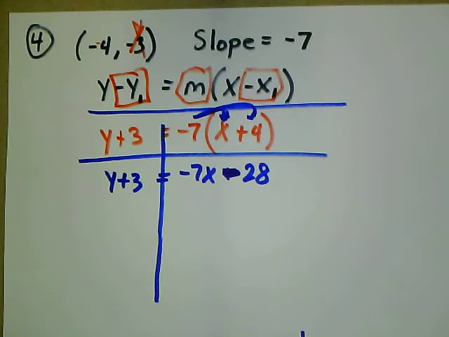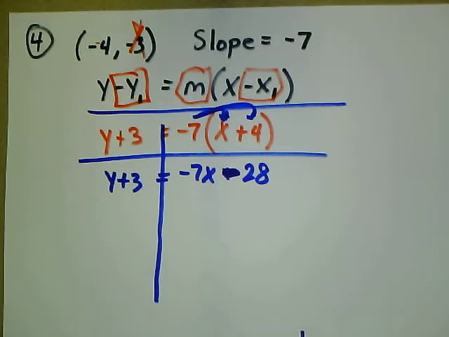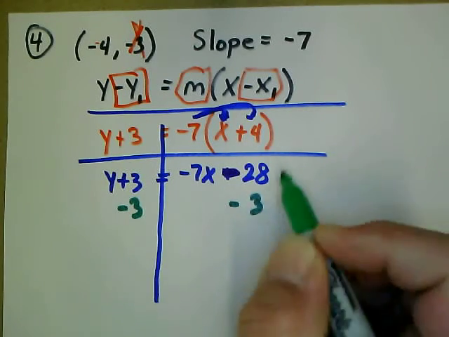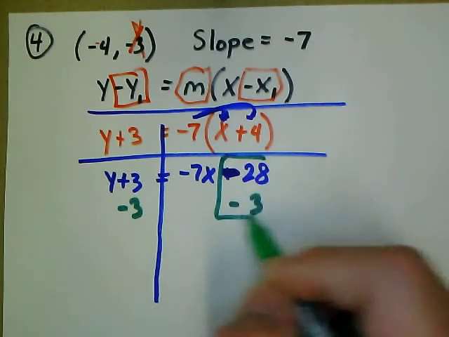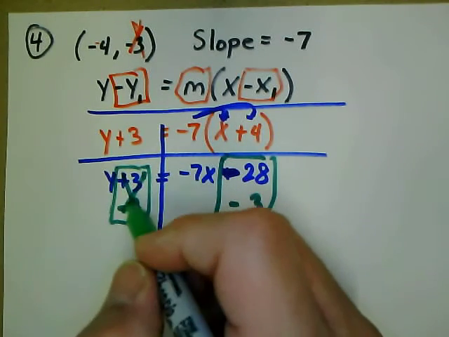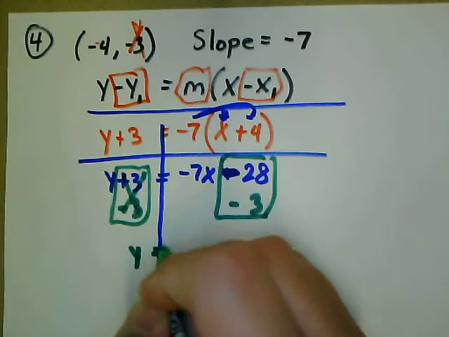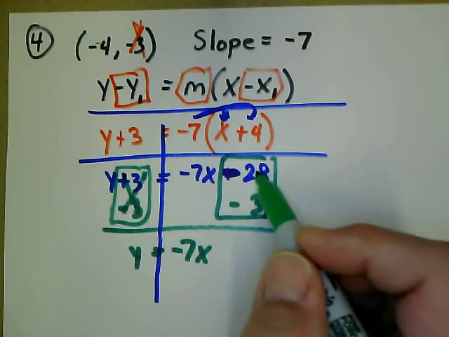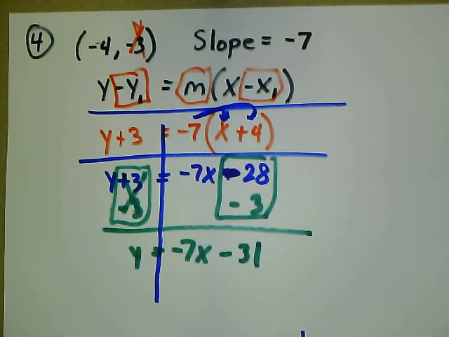And our last step, because there's no extra variable, is the add or subtract. That's +3, so we're going to subtract 3, and we subtract it from its like term. So our like terms here cancel off, they actually become 0. We're going to keep that slope part, and negative 28 minus 3 is negative 31.